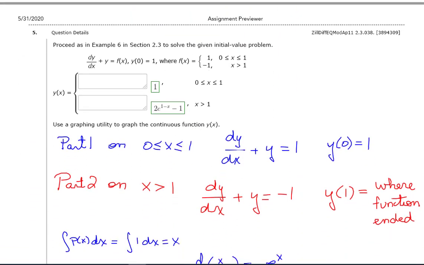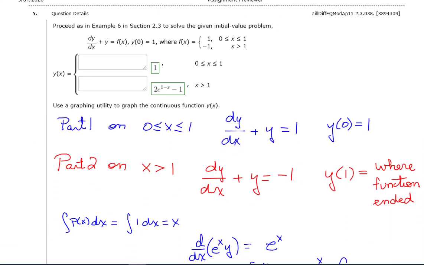Now in our last problem here, we have a driving function f of x, which has a different behavior depending upon where the x is. f of x is either 1 or minus 1.